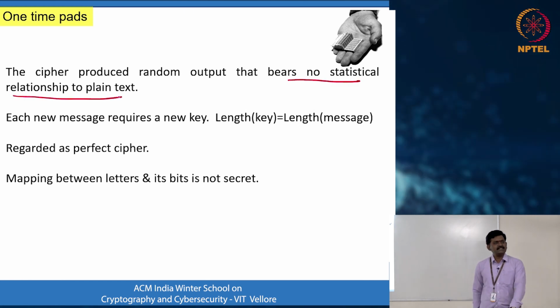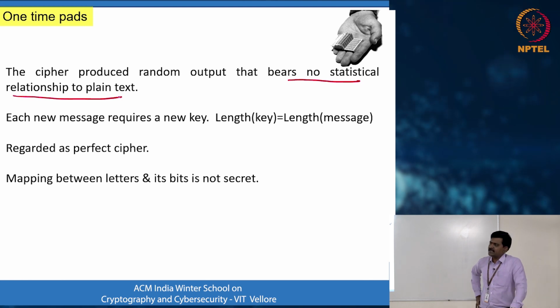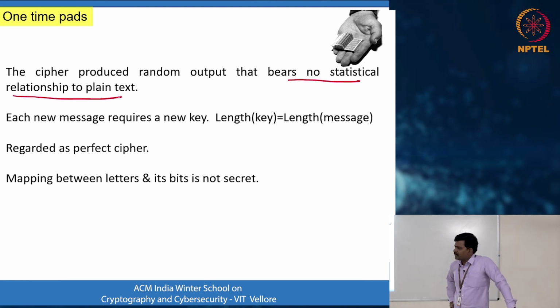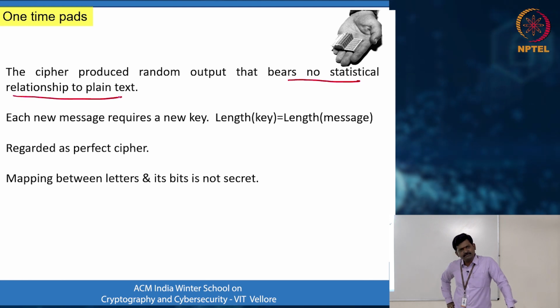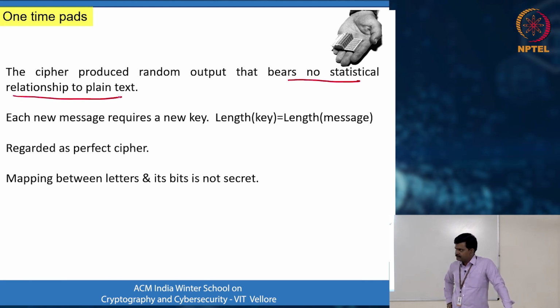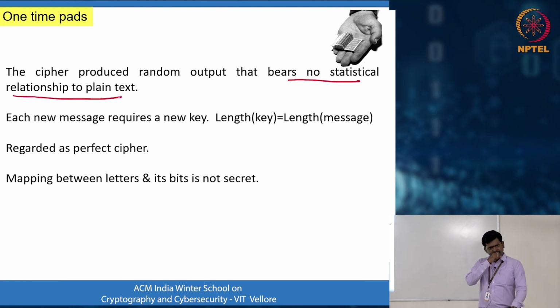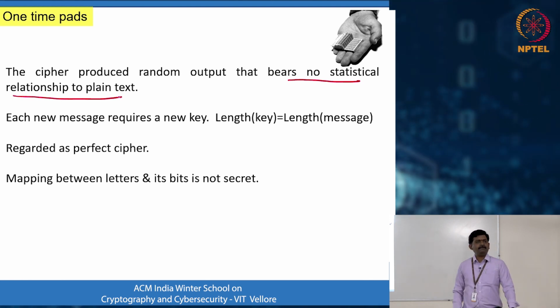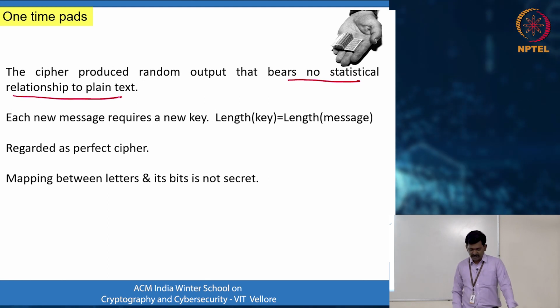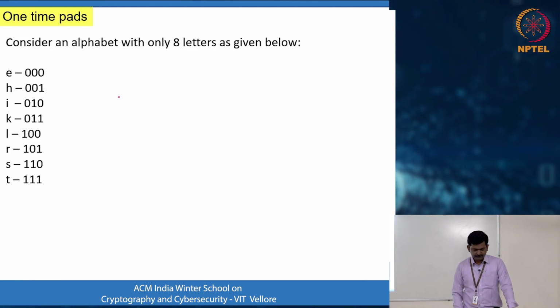What is that statistical relationship? If you look at the Caesar cipher or any other monoalphabetic ciphers, what is the issue I said? You can analyze the frequency of the alphabets. But with one-time pads, such frequencies can be mitigated. How do you do that?